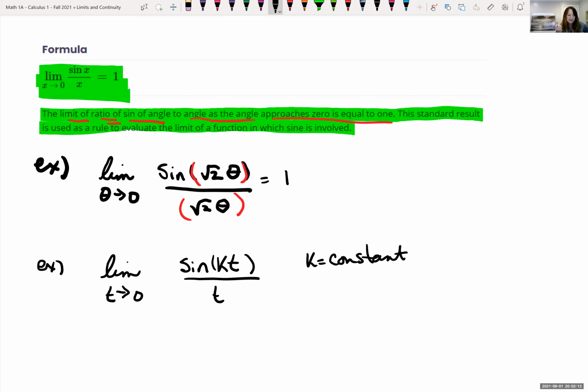So this isn't quite the same: the angle that we have on top and what we're dividing by on the bottom are different. There's a k in front of the t. And so we need to manipulate this so that it's the same thing. We're going to use the fact that we can multiply by 1, or a fancy way of rewriting 1, so that we can get what we want. In the denominator, we want k times t, and we can get that by multiplying both the numerator and denominator by k.